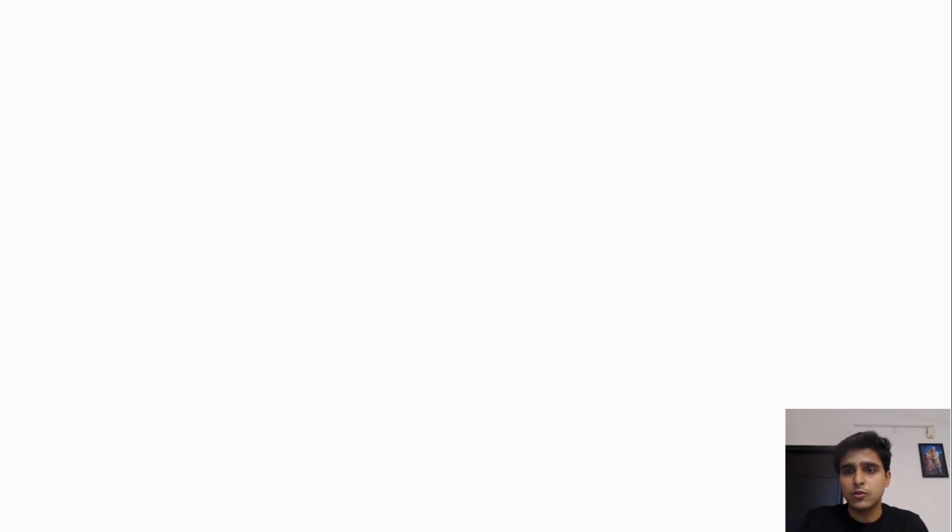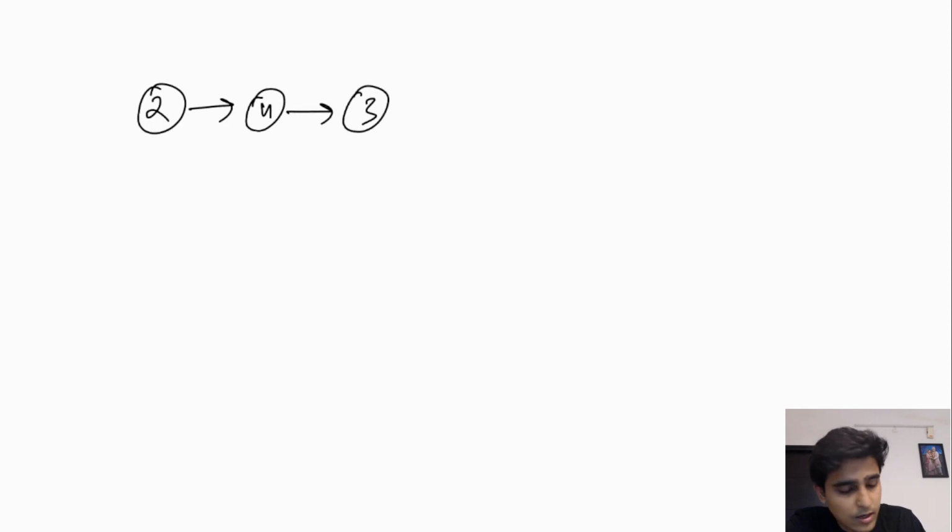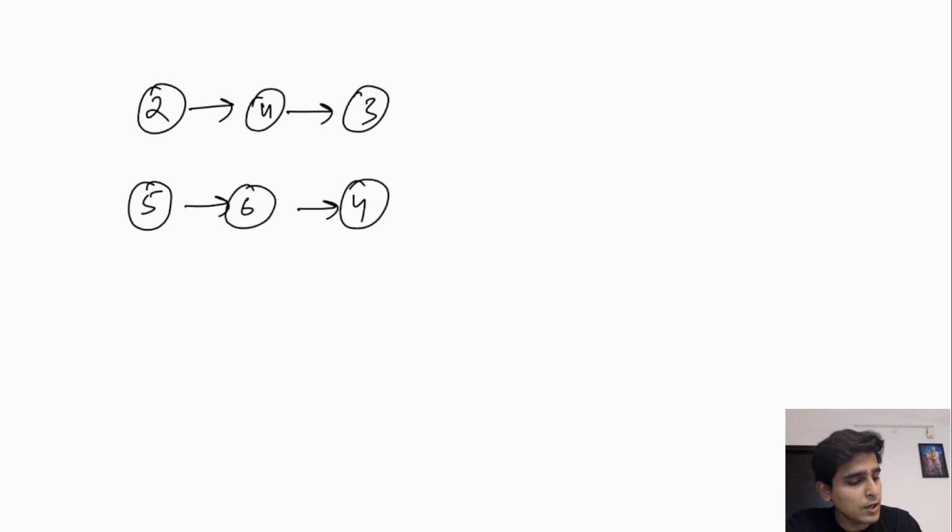Okay, so now let's see here. We have this example: 2, 4, 3, and the second list was 5, 6, 4. First of all, we need to understand what number this linked list represents.